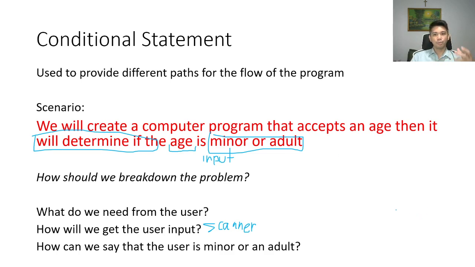How will we know if a user is a minor or an adult? Based on the age. So think about it for a moment. You yourself, are you a minor or an adult? If you say you are a minor, how do you know that you are a minor? And when is the time for you to become an adult?